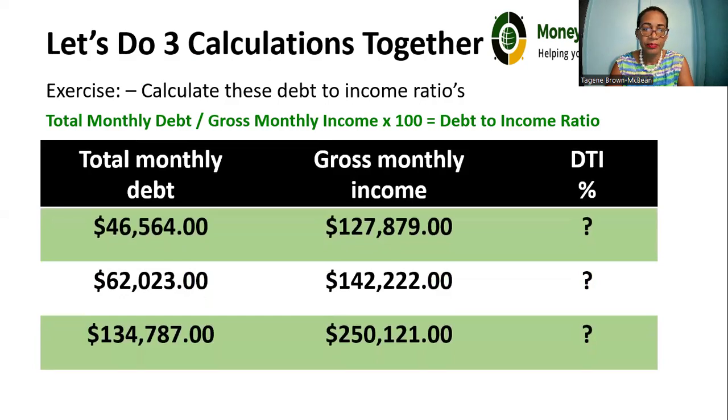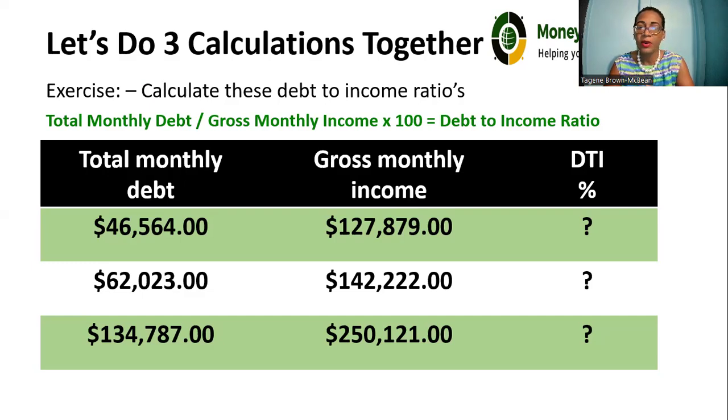A person who has a total monthly debt of $46,564, we're going to divide that by their gross monthly income, which is your income before taxes and deductions, which is $127,879.